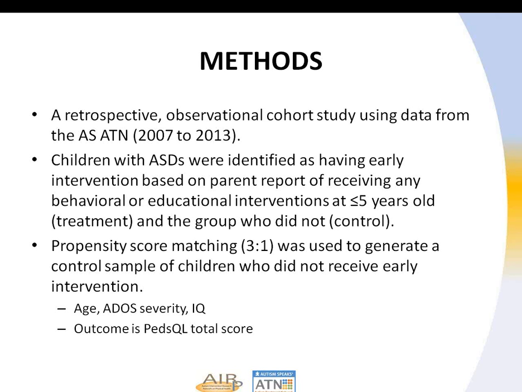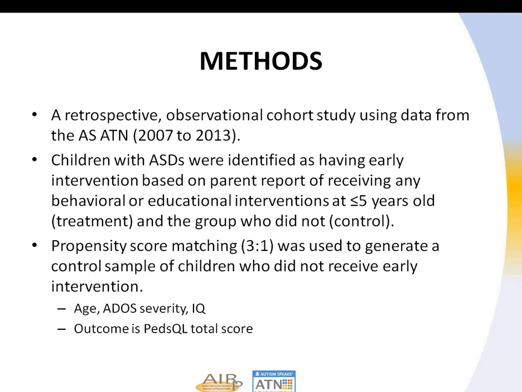Children who received any intervention before or at 5 years old at the first visit were categorized as the treatment group, while children who did not receive any intervention were categorized as the control group.